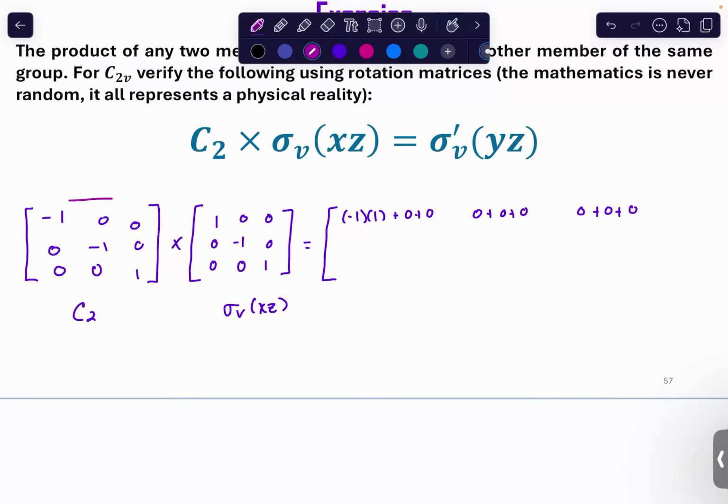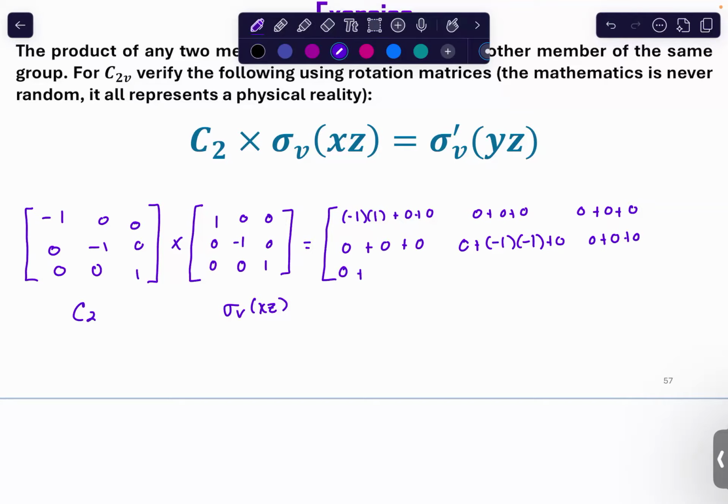Okay, so then row 2, column 1: 0, 0, 0. Row 2, column 2: 0, -1, -1, 0, and then again 0, 0, 0. Now for row 3, I'm sick of saying 0, so I'm just going to write it.